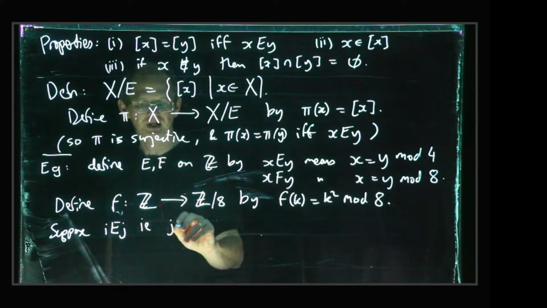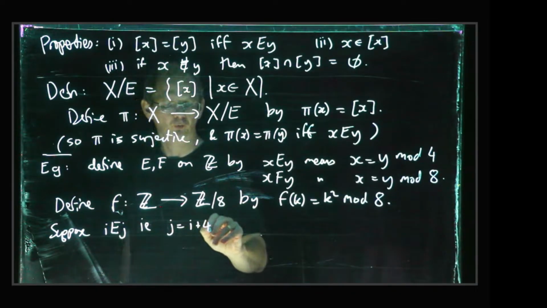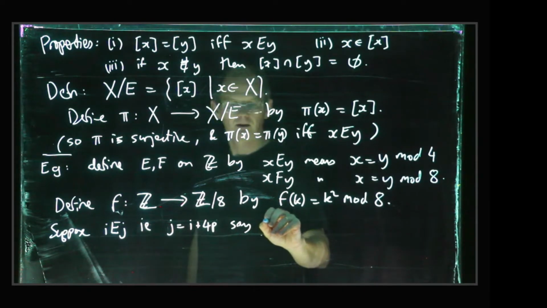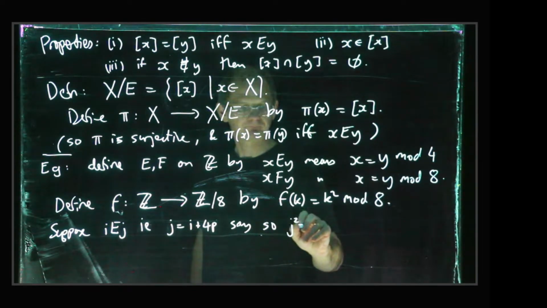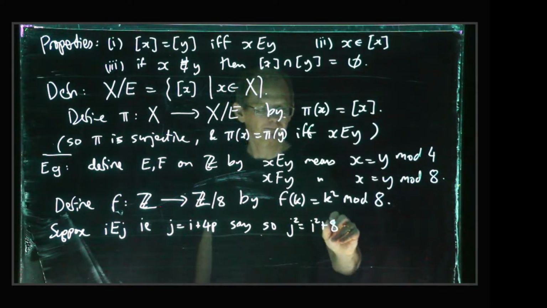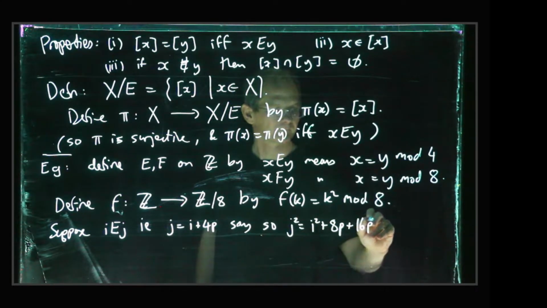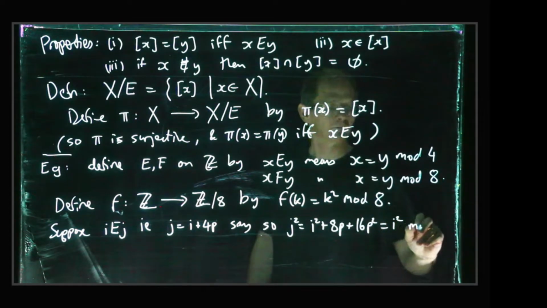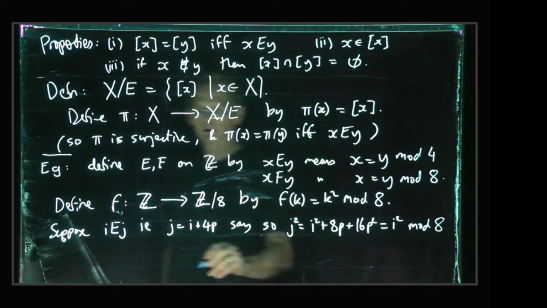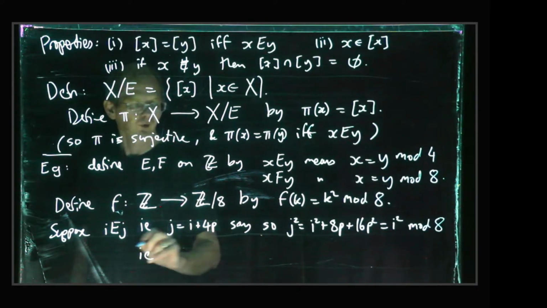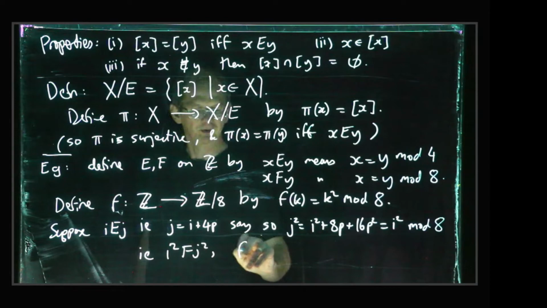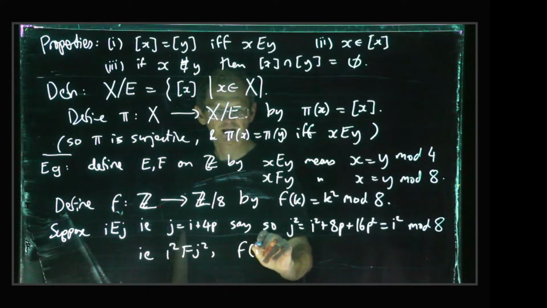So that means that j is i plus 4p, say. So that means that j squared is i squared plus 8ip plus 16p squared, which is equal to i squared mod 8. So that means that i squared is F related to j squared, or in other words, that f of i equals f of j.